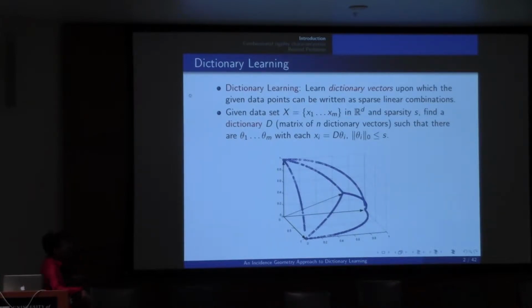Okay? So that's the problem. The problem is to find the dictionary vectors so that every one of the input data can be expressed as a linear combination of the dictionary vectors in a sparse way. Of course, this is not the exact problem. In general, these points aren't nicely sitting on the plane.